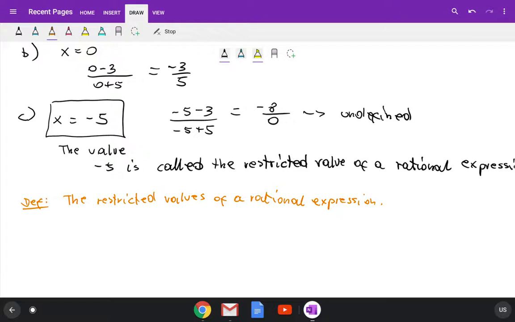The restricted values of a rational expression are all values, and again, it can be 1, it can be 2 or more, that make the rational expression undefined.